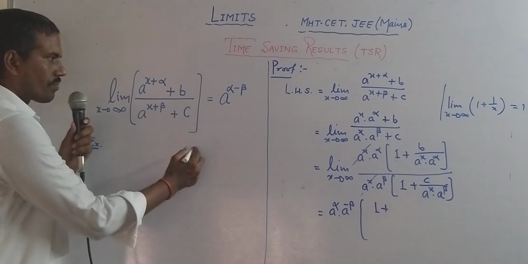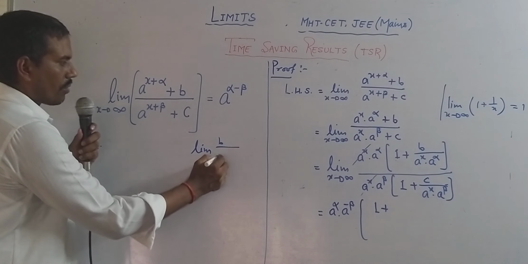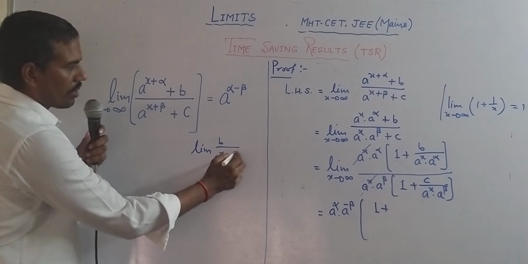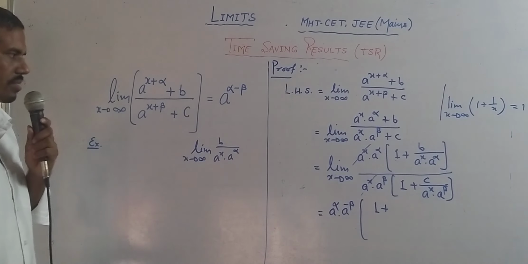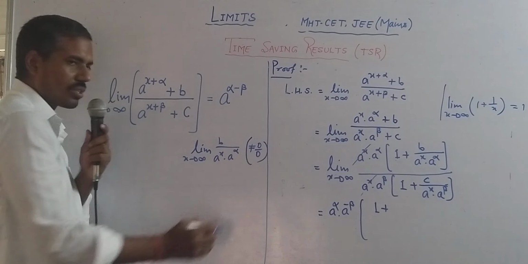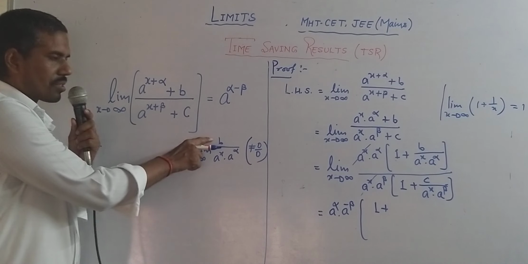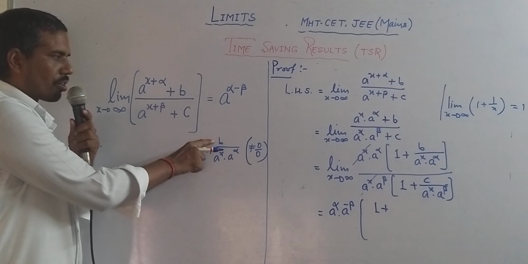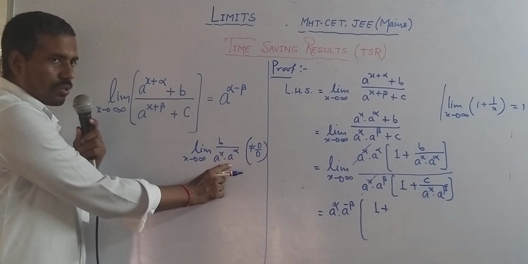How does it become 0? Limit of b divided by a to the power x into a to the power alpha as x tends towards infinity. Since this fraction is not of the form 0 by 0, means using L'Hospital rule, we get the first one is a constant term, which is not equal to 0, and the second term becomes 0.